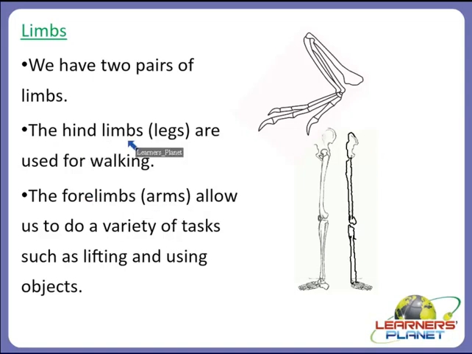The hind limbs, which are also called legs, are used for walking, and the forelimbs, which are arms, allow us to do a variety of tasks such as lifting and using objects. This is the beautiful image of forelimbs and hind limbs.